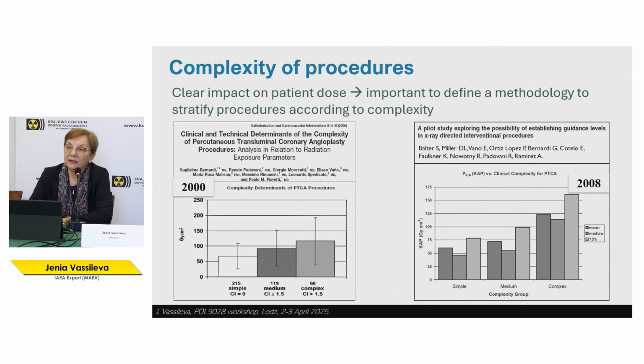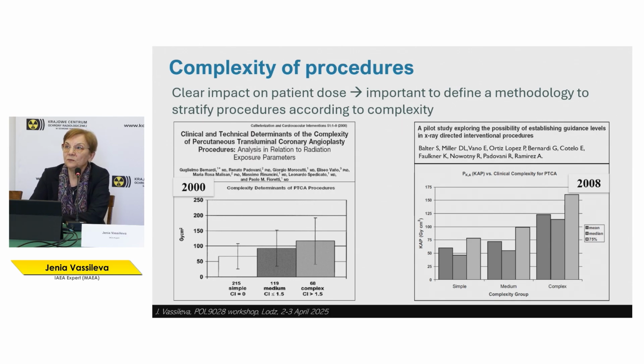We should very carefully consider, together with clinical professionals, how to classify procedures, because there are many papers published showing that in interventional radiology and cardiology, the complexity of procedure has very important influence on the dose, and I think it's clear.